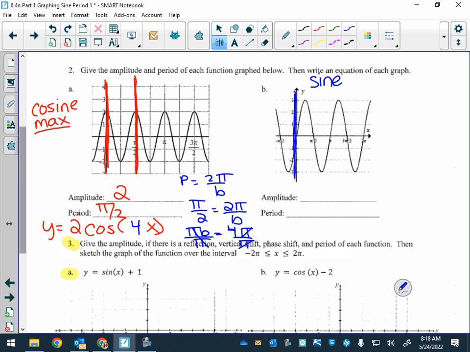One complete rotation happens when? Zach, pi. Good. Because remember, sine starts at the midline, ends at the midline. What is our amplitude? Yep, 3. What is our midline? 0. Okay.